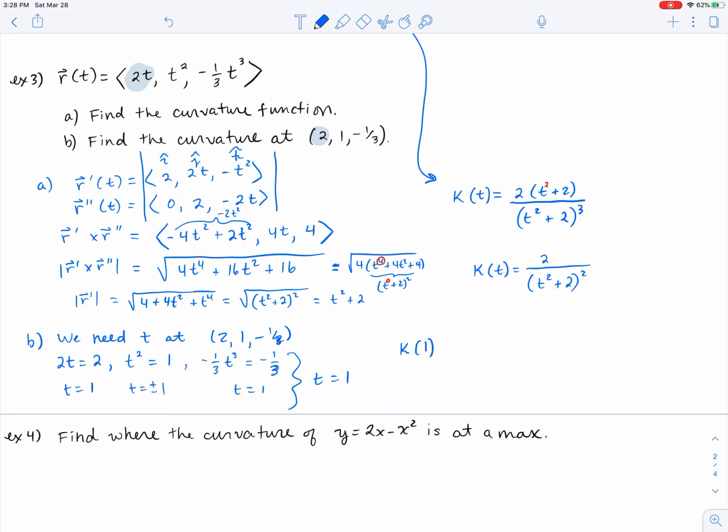And so then k of 1 is going to be 2 over 1 squared plus 2, so 3 squared, so 2/9. And that's the curvature at the point 2, 1, negative 1/3.